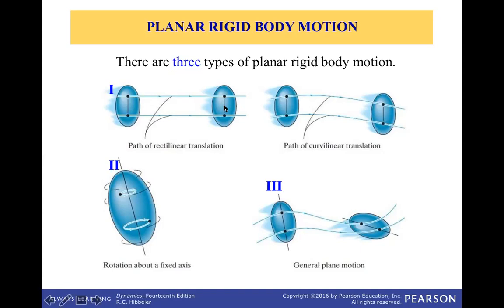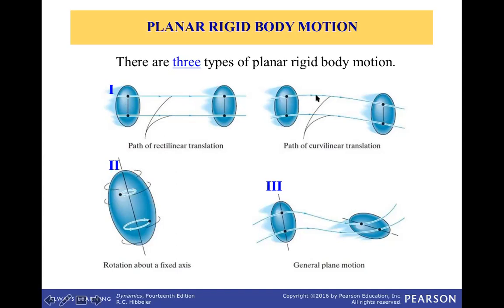At any given moment, if you track the positions of these lines at different time instances, they are all parallel to each other. So this is the translational motion. If you trace the movement of the same point and it's a straight line, then this is rectilinear translation.